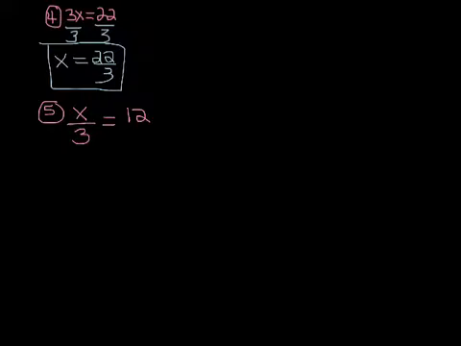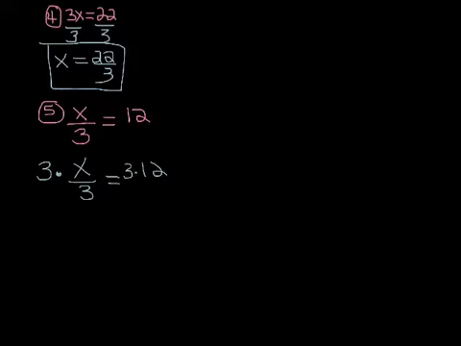However, be very, very careful, because you are dividing x by 3. You need to solve it by doing the inverse of dividing by 3, which is going to be multiplying both sides by 3. So we're going to multiply both sides by 3 here.